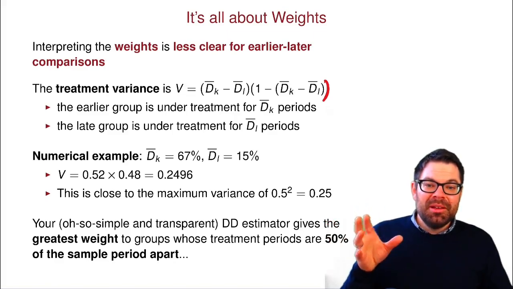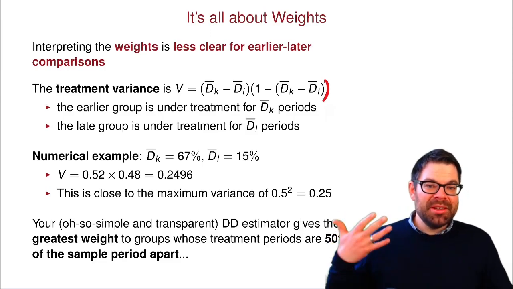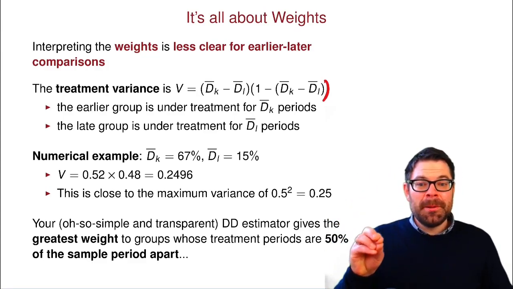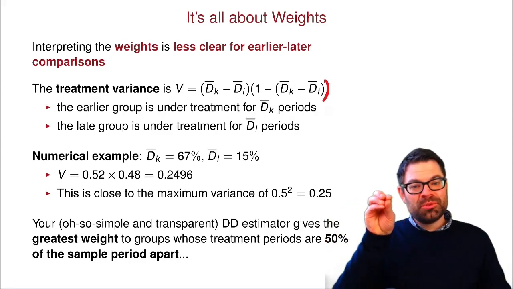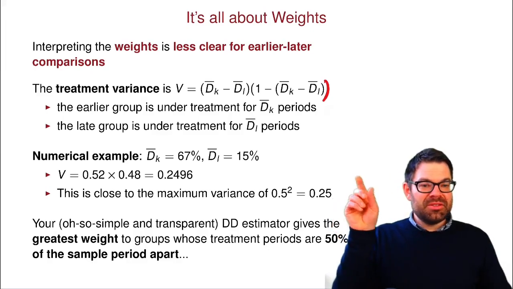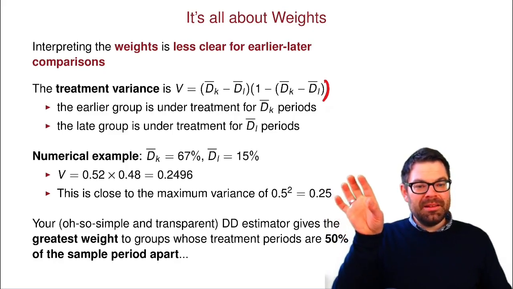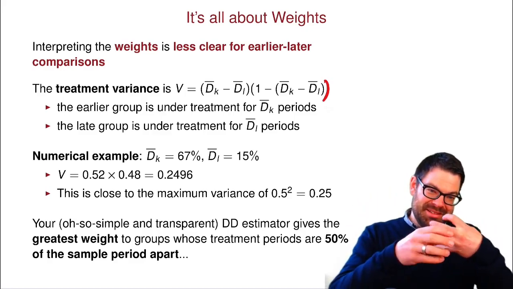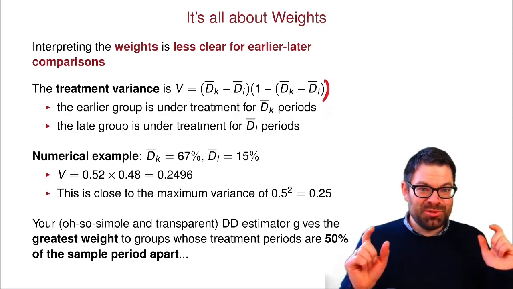And so here, when you just do a numerical example, again, the maximum variance that you can have is 0.25. These are groups that are treated smack bang in the middle. But then, this is just a numerical example to show a case in point, we basically turned things around and said, well, what gap in the treatment timing gives me a variance that is as big as 0.25?